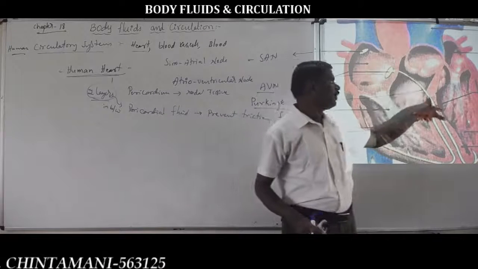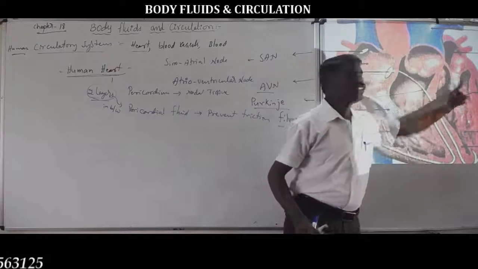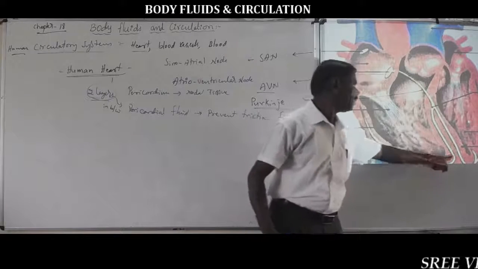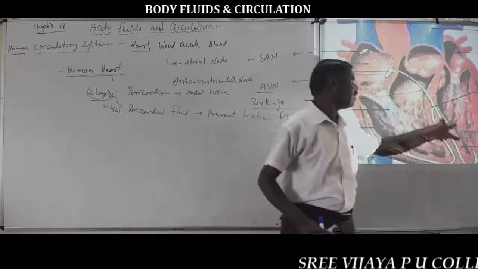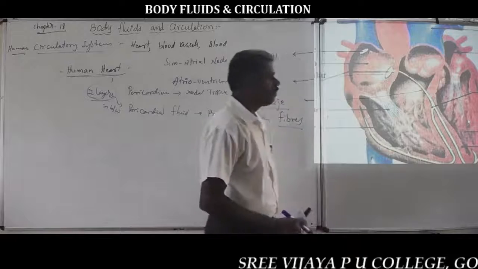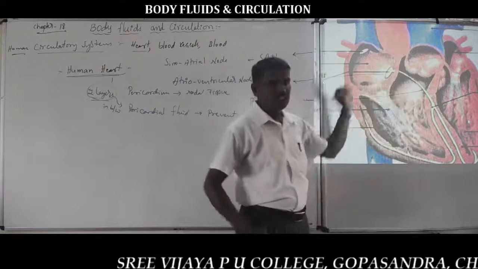They divide into one branch which moves towards the left ventricle and another branch which moves towards the right ventricle. These Purkinje fibers help to transmit the signals.